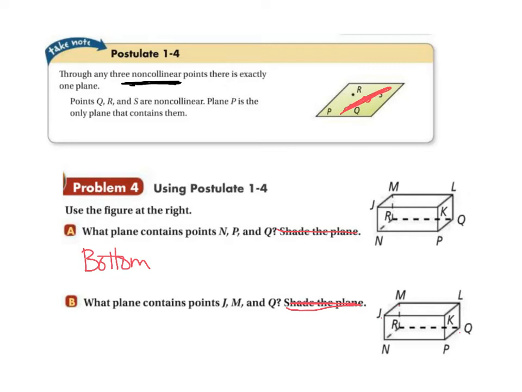But if you could imagine, if you sliced through this box, I'm not going to be able to draw it neatly, but you could slice through this box with a plane, and it's going to come from this top edge up here and slice through at a diagonal down through here. It would be a diagonal in the middle of your box. So that would be the plane we're talking about.